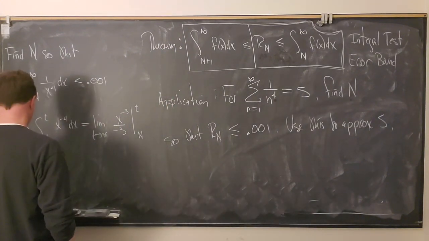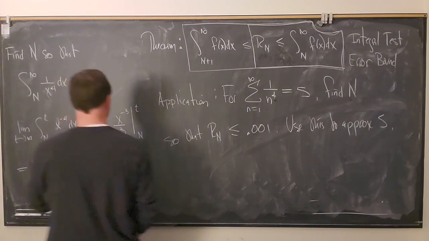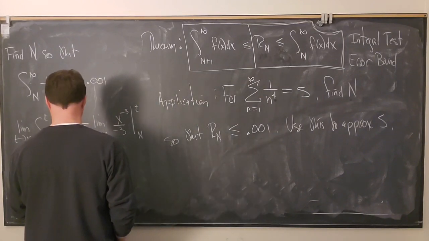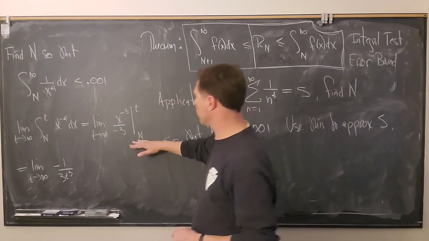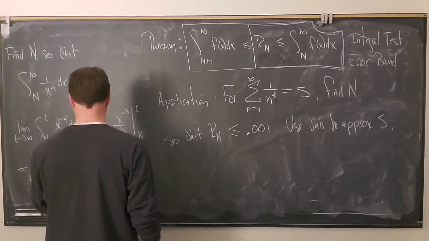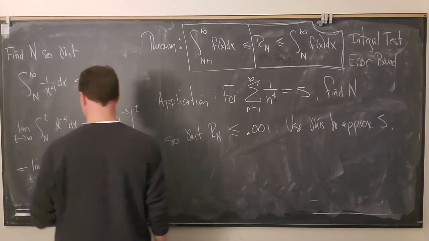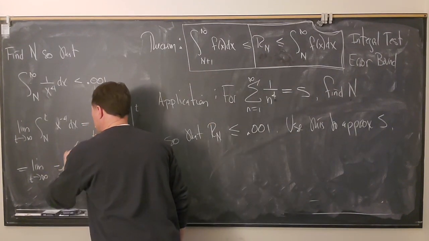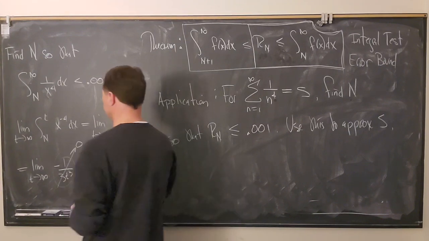When I plug in the upper limit, I get negative 1 over 3t cubed. When I plug in the lower limit, we get plus 1 over 3n cubed. As t goes to infinity, the first part approaches 0, and so what we're left with is 1 over 3n cubed.